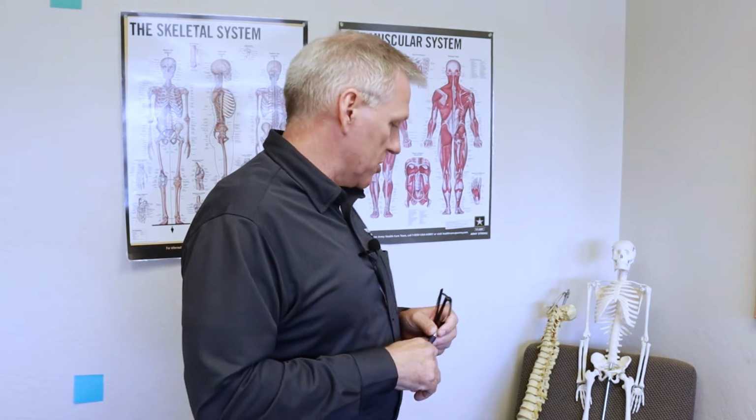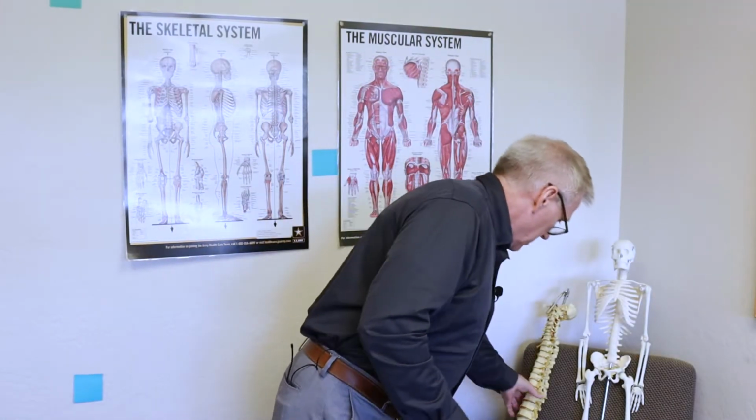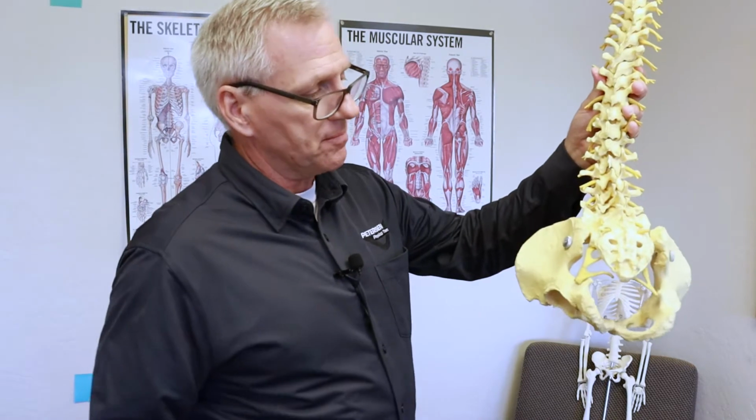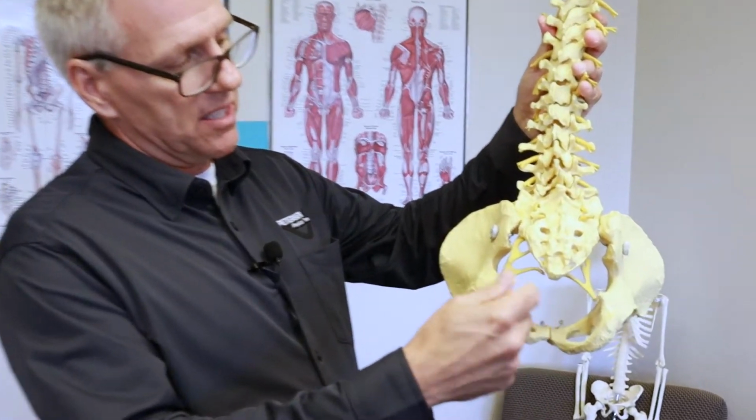The second condition that can contribute to sciatica symptoms that we're going to talk about is the piriformis muscle. If you look at this model here, you can see this represents the sciatic nerve.